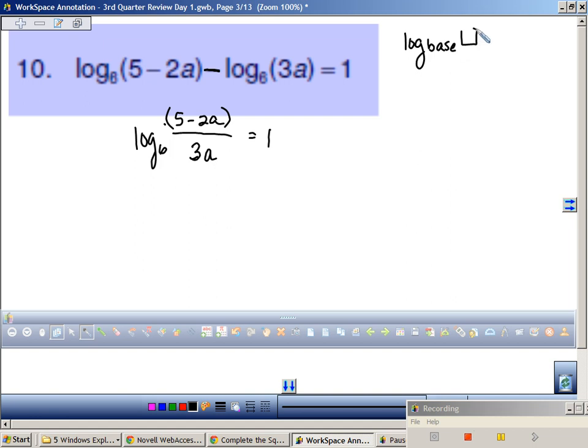Log base something equals exponent. So since I can't work with it in logarithmic form, I'm going to switch it to exponential form. Sometimes when you see this big old mess, you get confused. What if you had something like log base 6 of x equals 2? What would you do with that? You would do 6 squared equals x. Well, this is the same thing.